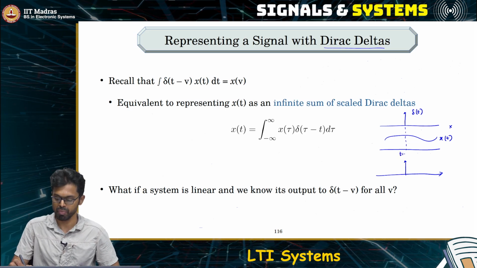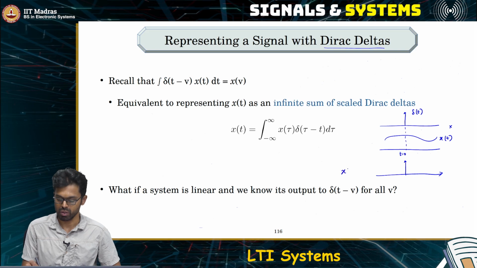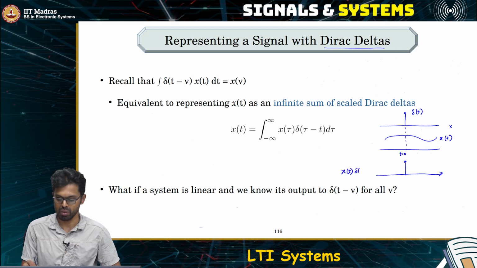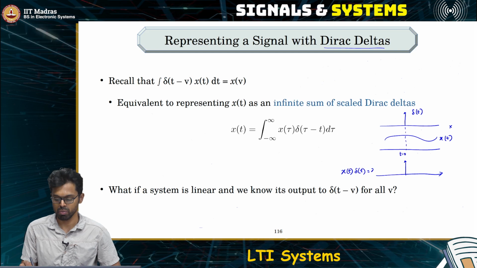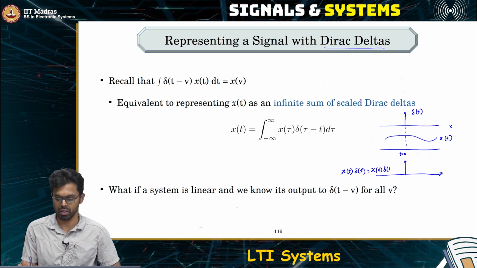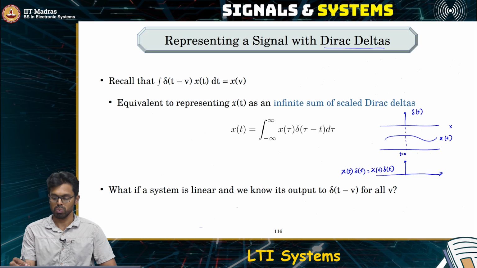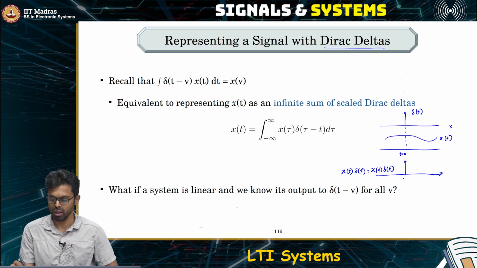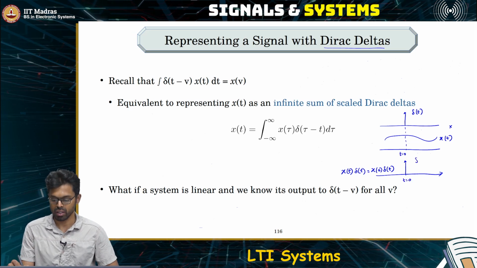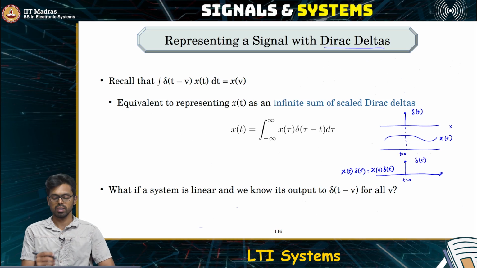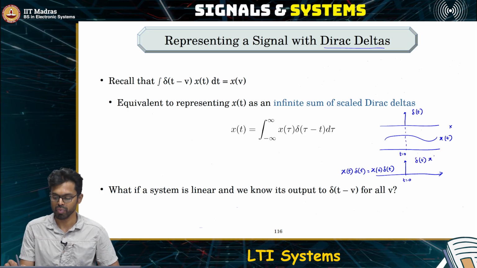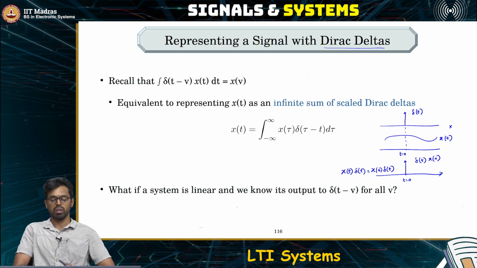In other words, x of t times delta of t is equal to x of 0 times delta of t. So the product is another Dirac delta function, but with its area scaled by the value of the signal at that point.